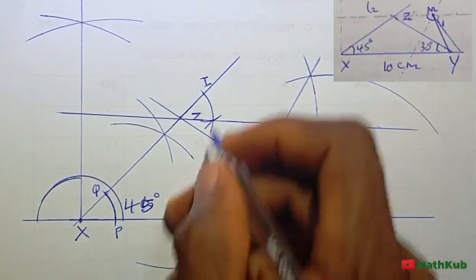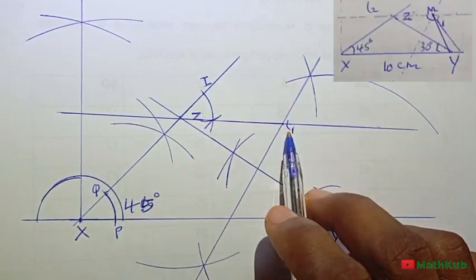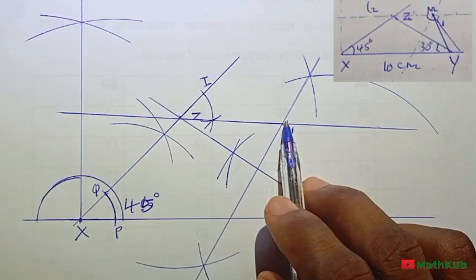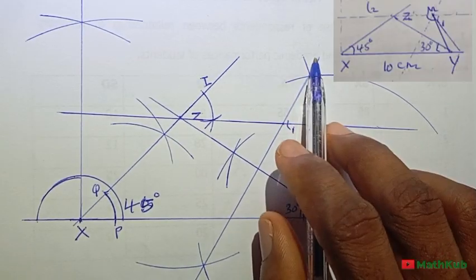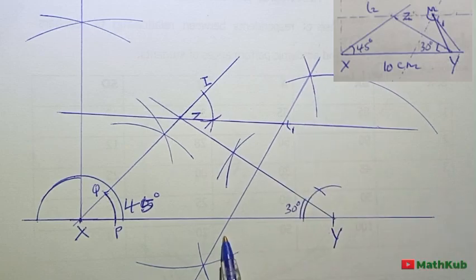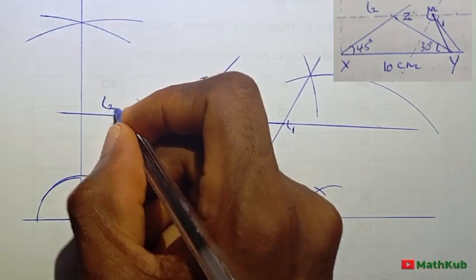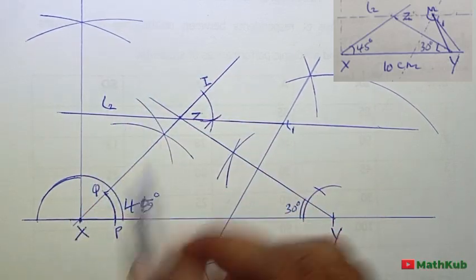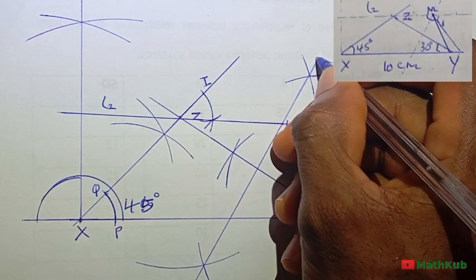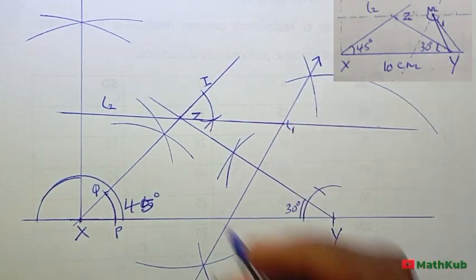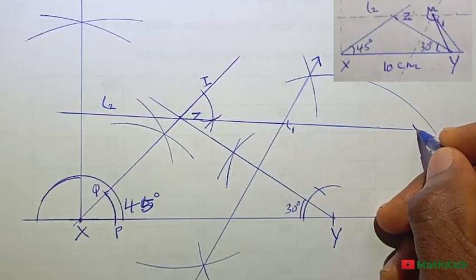Note this L1 is not this point. This L1 was this line. So this is L2, we call this other line L2. Let me draw something like this, and this one like this.